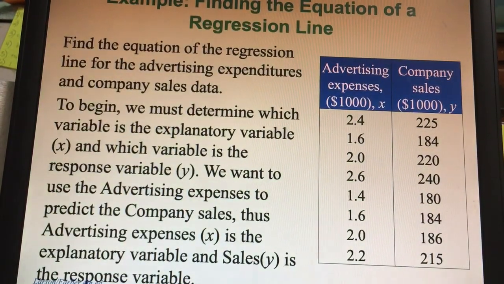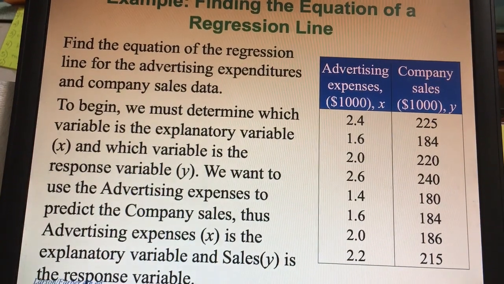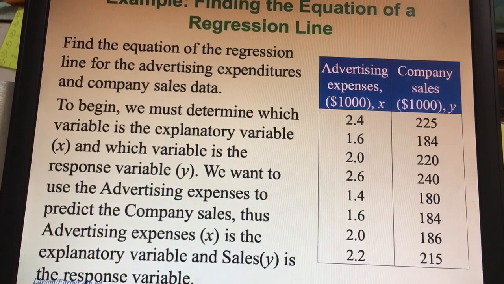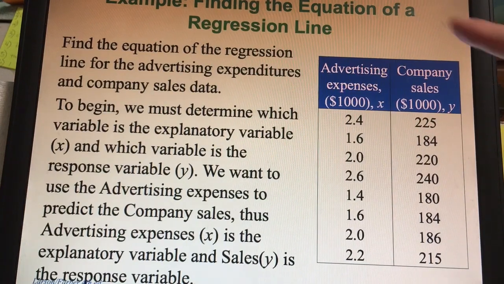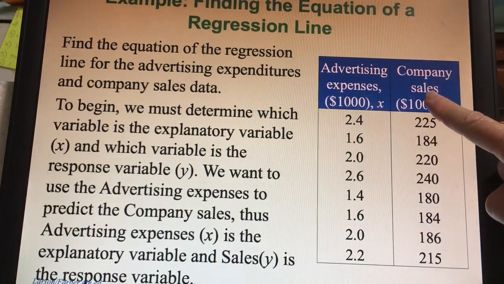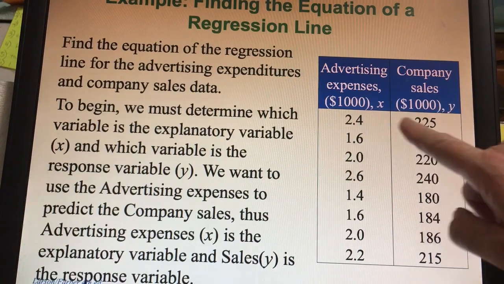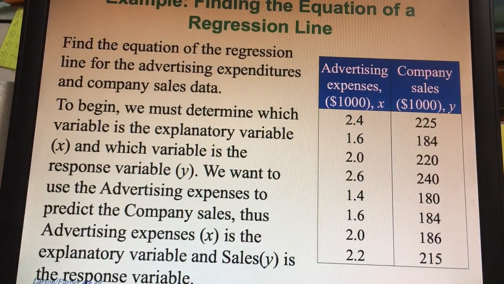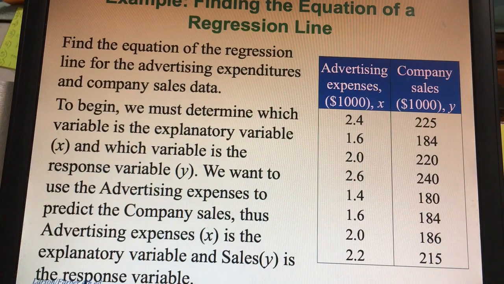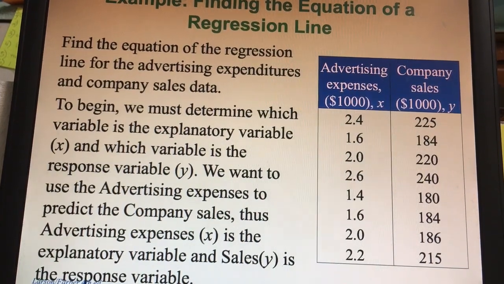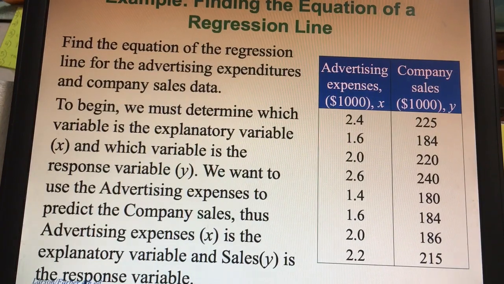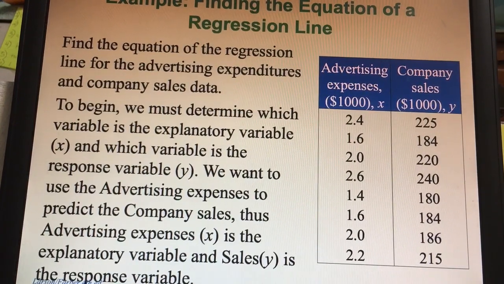So here we're going to find the equation of the regression line. And we are using the same example, the advertising expenses and the company sales, example 225. Find the equation of the regression line for the advertising expenditures and the company sales data. So this is the same data we just used.